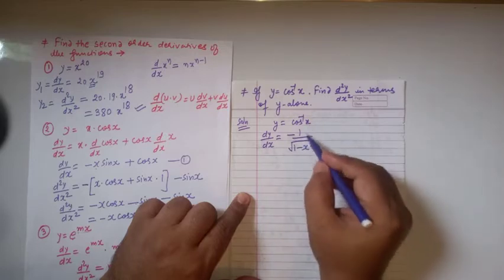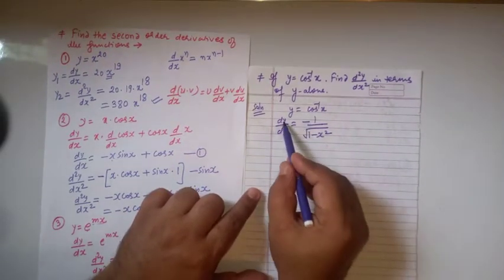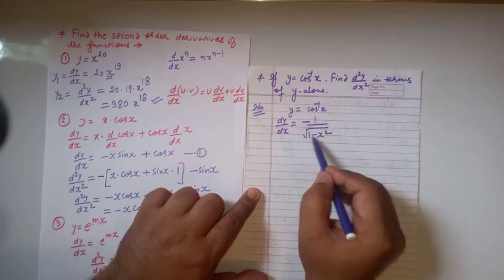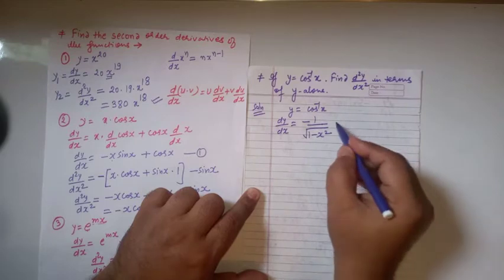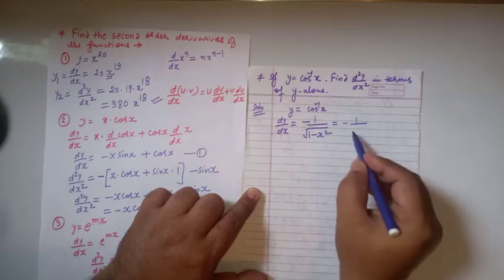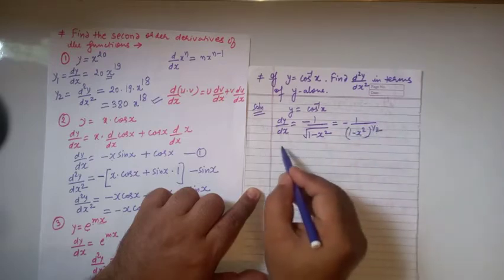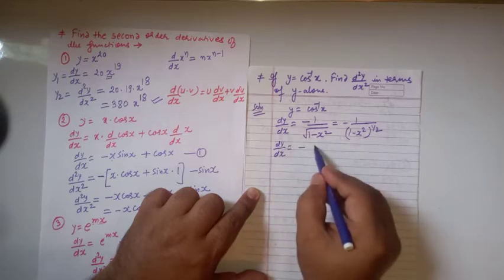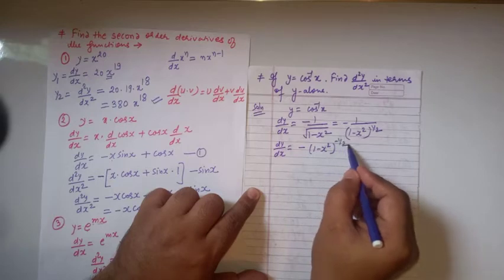So this we have written by direct formula. So dy over dx is minus 1 over square root of 1 minus x square. Now this can be written as minus 1 over (1 minus x square) raised to half, and now we can write it as minus (1 minus x square) raised to minus half.